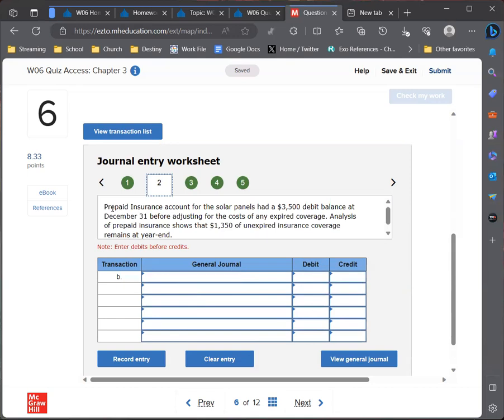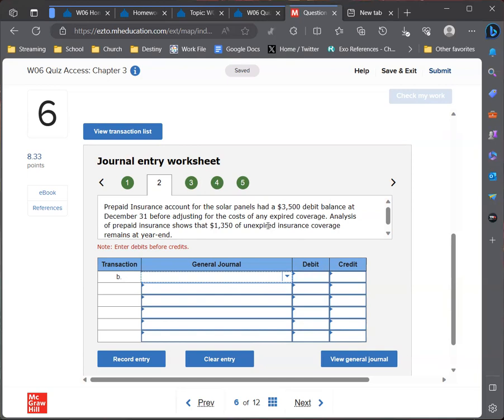Now, this one says prepaid insurance account for the solar panels had a 3,500 debit balance at December 31st before adjusting for the costs and expired coverage. Analysis of prepaid insurance shows that 1,350 of unexpired insurance coverage remains at year end.